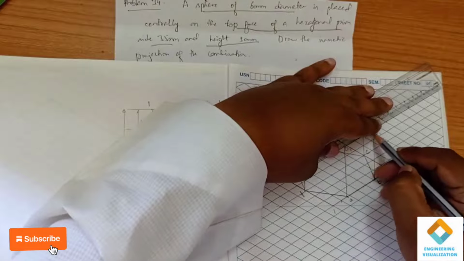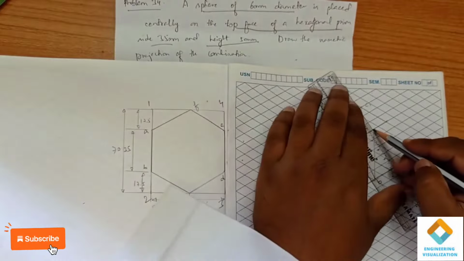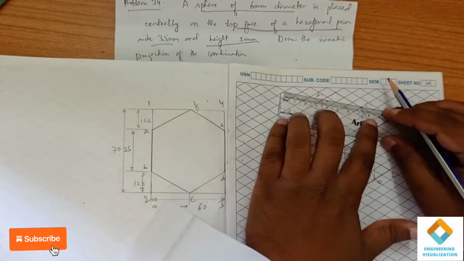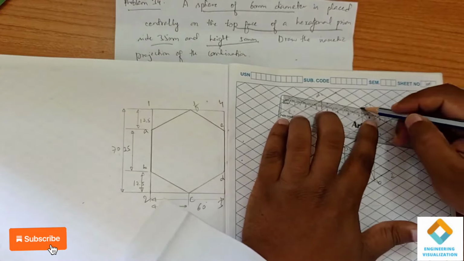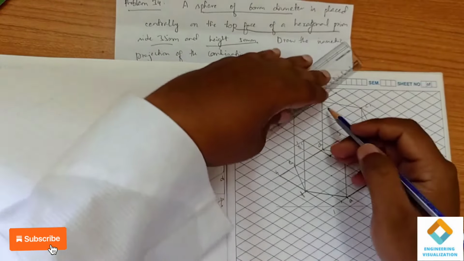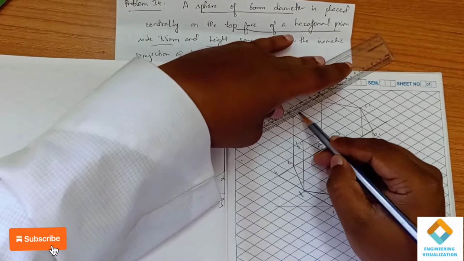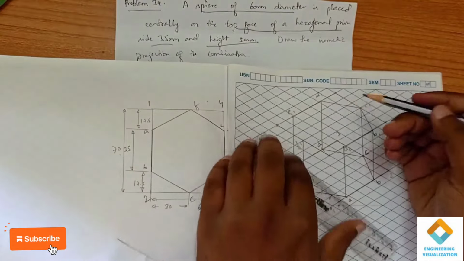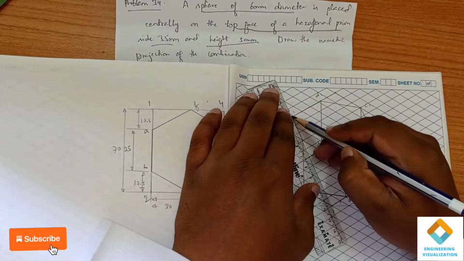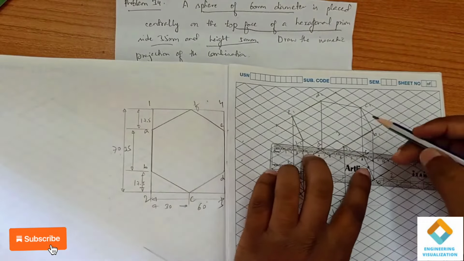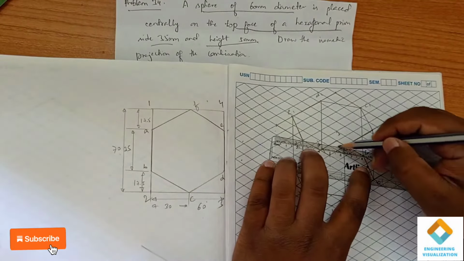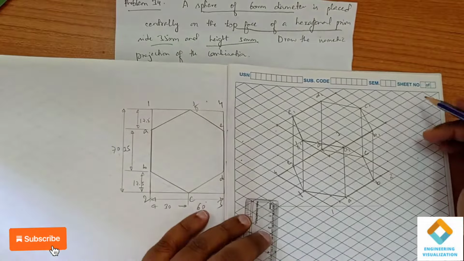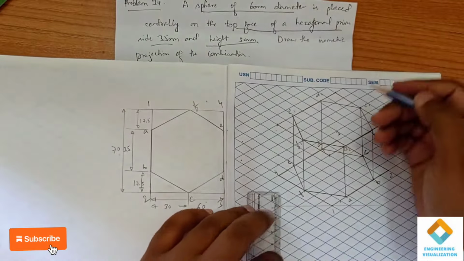So we draw another hexagon here. So the hexagon is done. Now I have to construct the sphere.